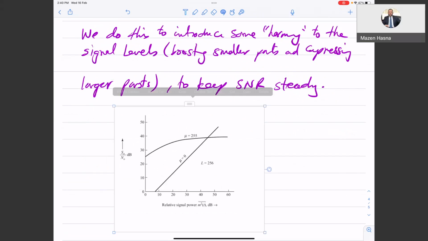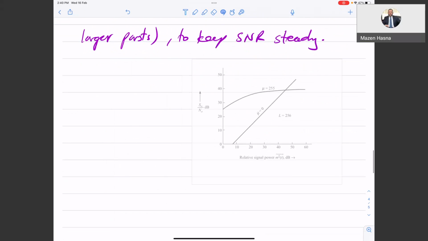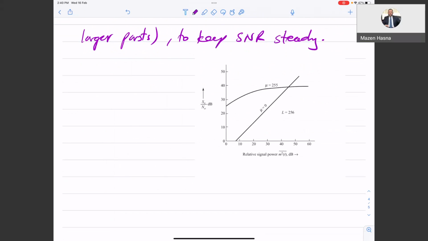So this is the SNR if you use the mu compressor.